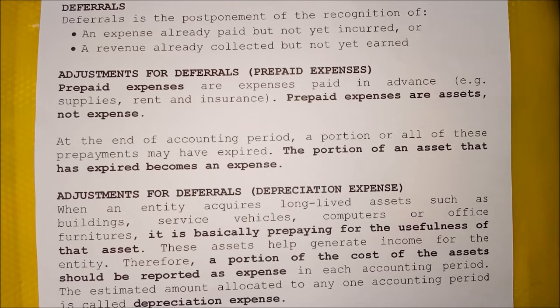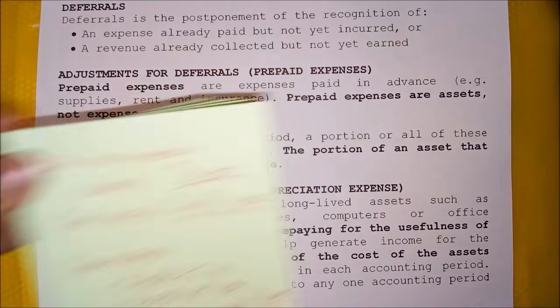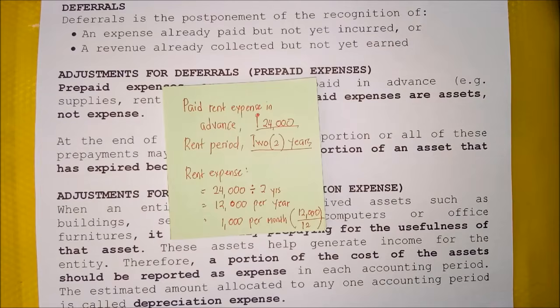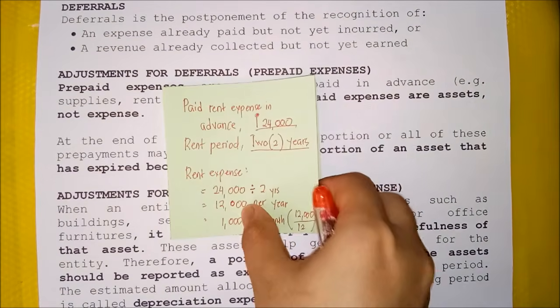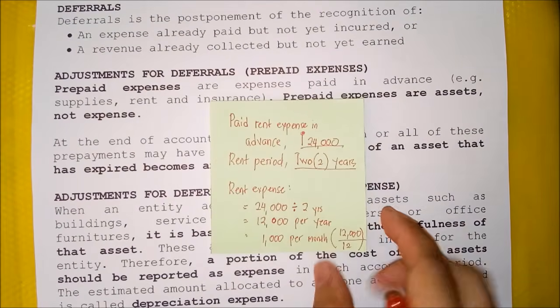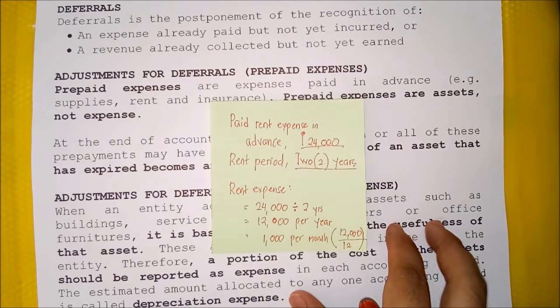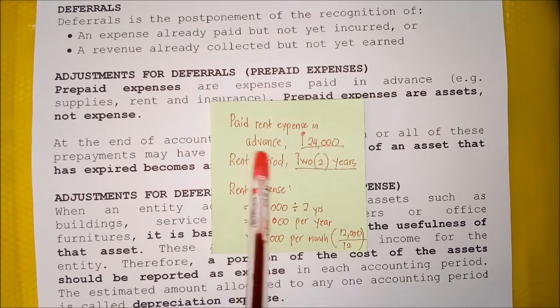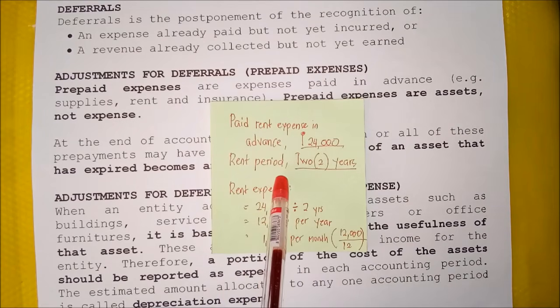For example, ito, paid rent expense in advance, 24,000 pesos. And yung period ng payment ng rent expense na bayaran in advance is 2 years.